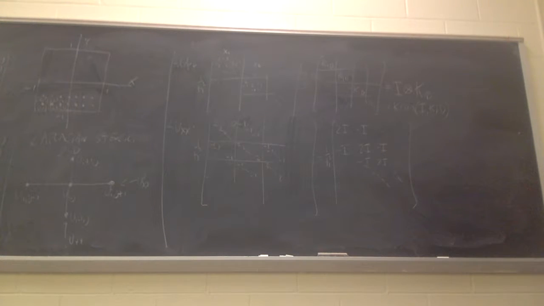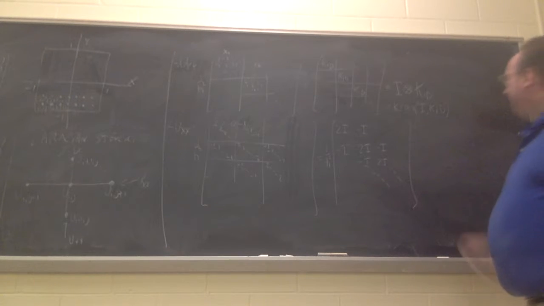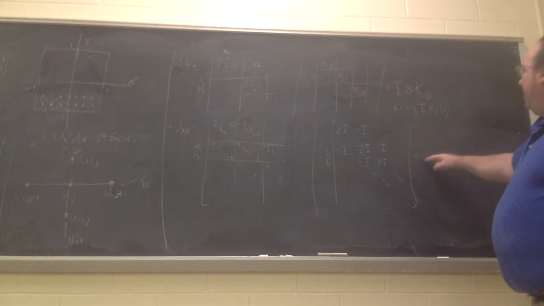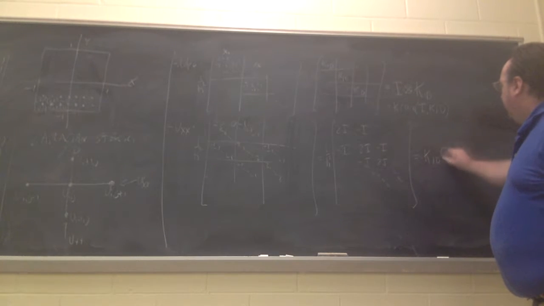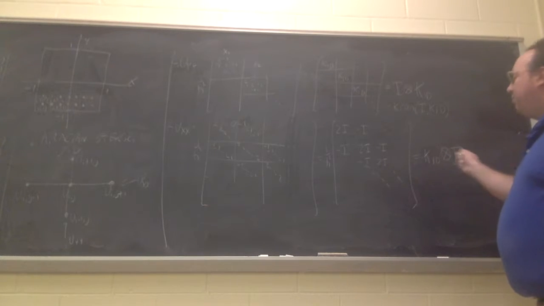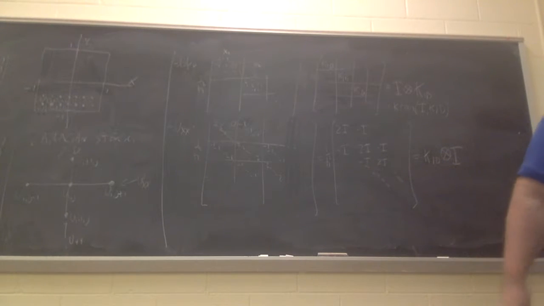Kronecker had a lot of things named after him. This one is the opposite: it would be kron of K1D with the identity, the Kronecker product of K1D and the identity. So this operation is not commutative.